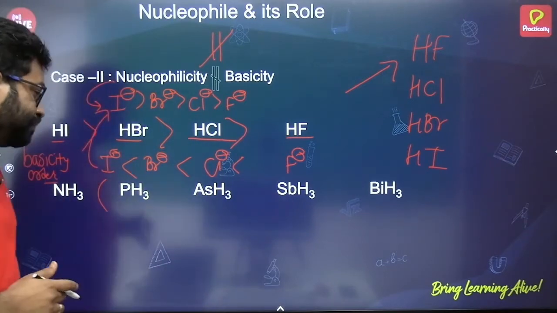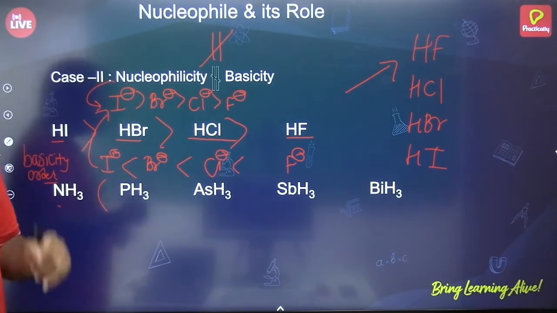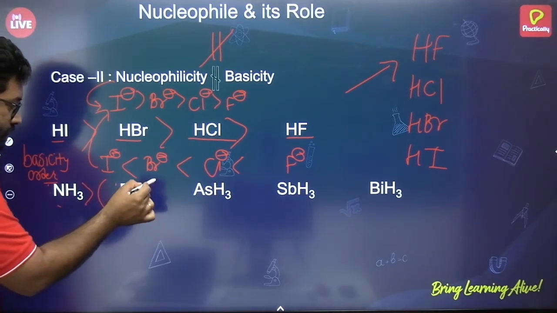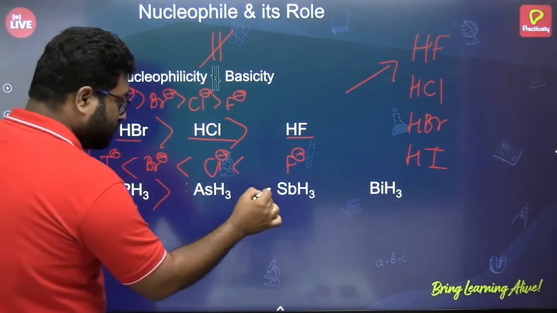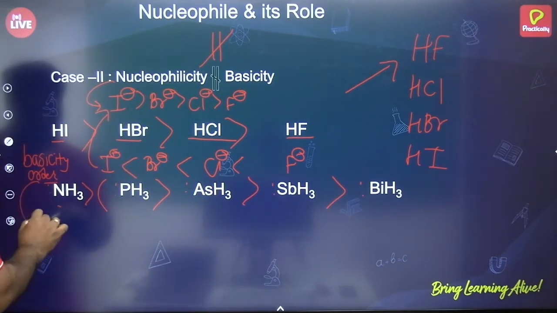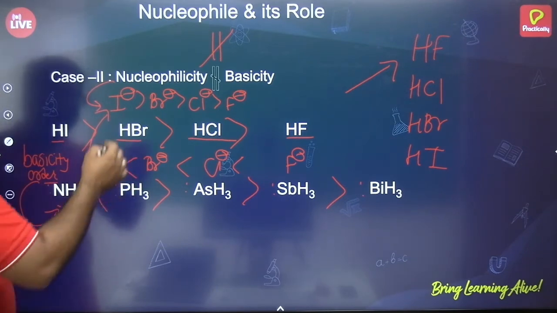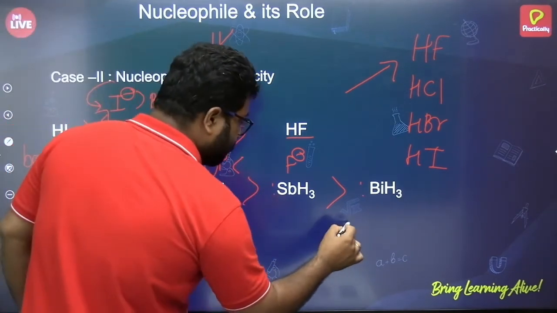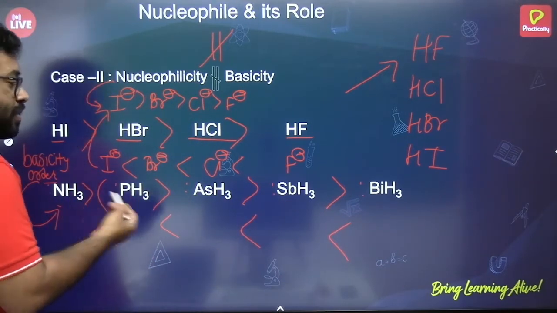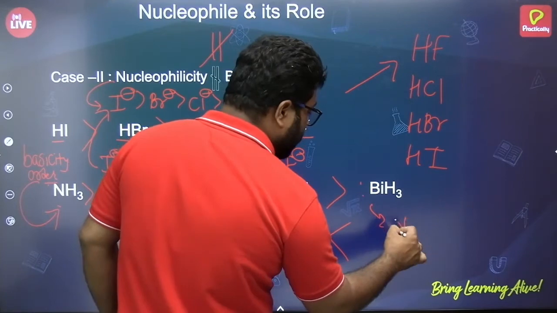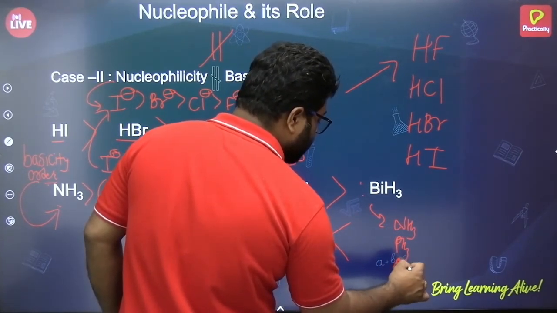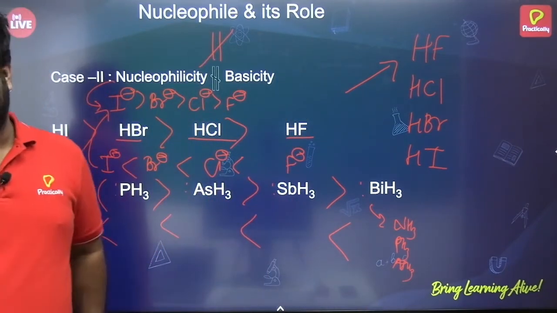Same goes here. When you are going from NH3 to BiH3, NH3 is the strongest base. So this is the basicity order. But the nucleophilicity order is exactly opposite. Why? Because all of these are present in the same group: NH3, PH3, AsH3, SbH3 and BiH3.